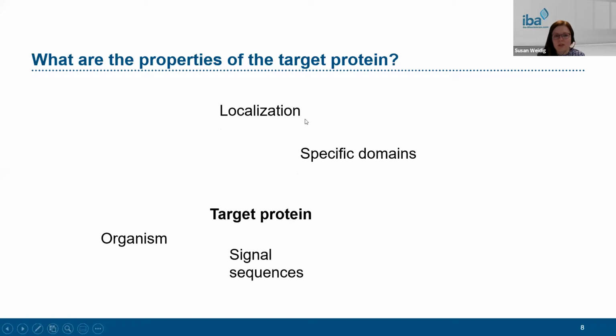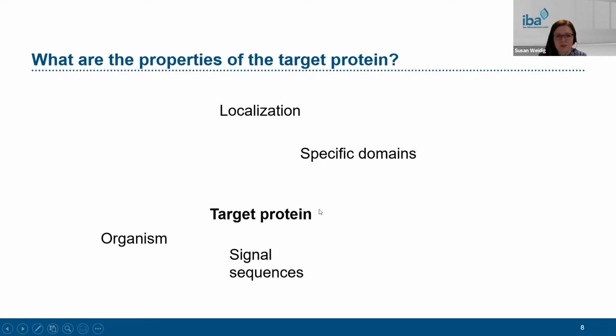If you don't know the localization of the protein, you can use prediction tools with the help of the amino acid sequence of your target protein. These prediction tools can also say if your protein has specific domains or signal sequences.